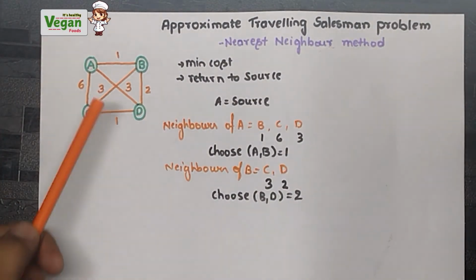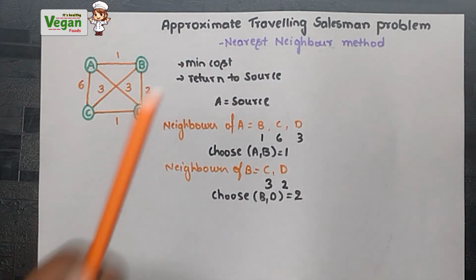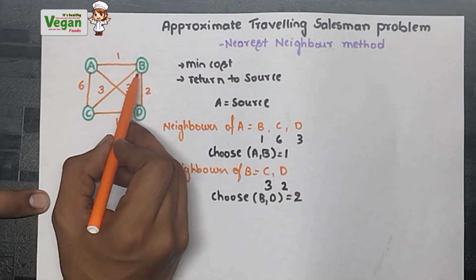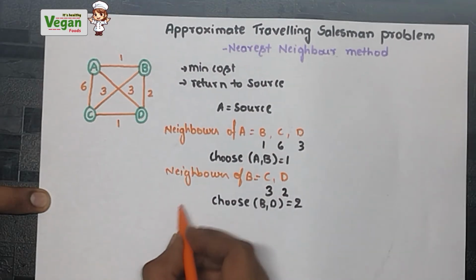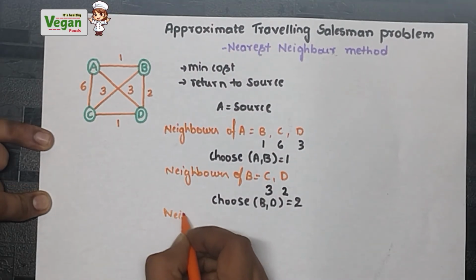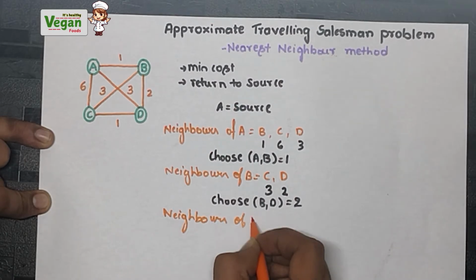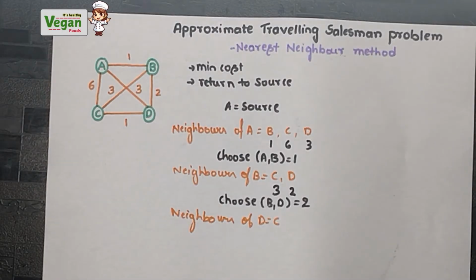Now I came from A, then went to B, and now I came to D. So from D where can I go? I can't go back to B, and I can't go back to A because all the nodes are not yet traversed. The neighbor of D is only one that is left, that is C. So what is the cost?